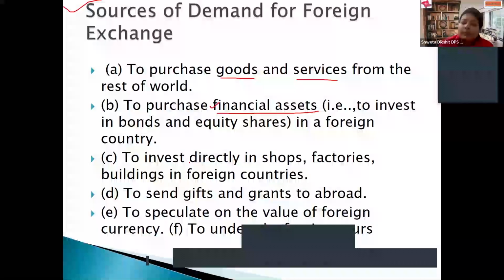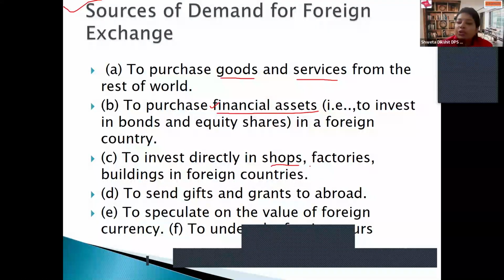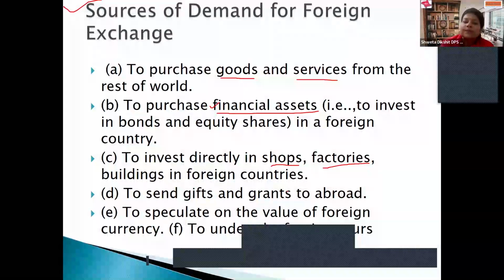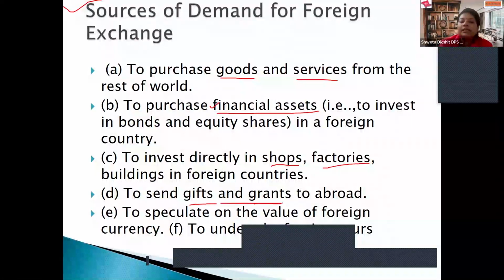Now, why does an individual want foreign currency? When they want a direct investment, like they want to buy a shop, open a factory, buy a building or a house, then they need the foreign currency. Or they want to send gifts and grants. Suppose somebody's child is studying abroad, so they have to maintain the expenditures, or their relatives are living abroad and there's a marriage or a function, they need to send gifts.